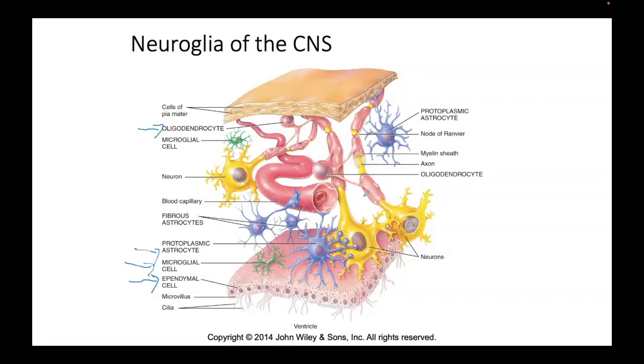Those are a few neuroglial cells. Here's another oligodendrocyte. Here's another astrocyte. In the center, in the yellow, we are already familiar with neurons. We already know the neurons. So the supporting cells are all around it.